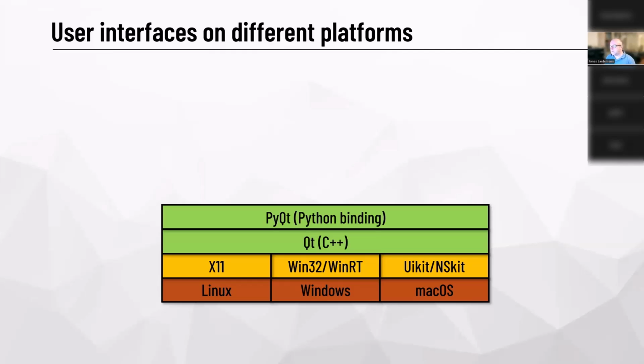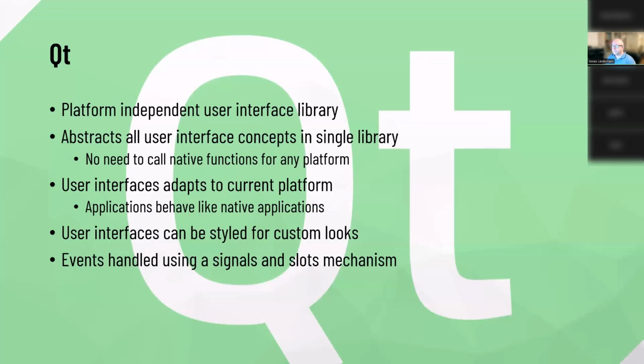PyQt is one of the more common ones. There is also Python for Qt, and there's PySide, which all are bindings to Qt. So in this way, you can write a single application, and you can target all the major platforms. It will behave as a Linux application, as a Windows application, as a Mac OS application. So they look the same on all platforms.